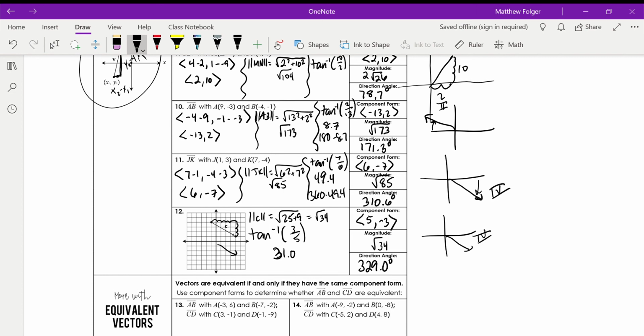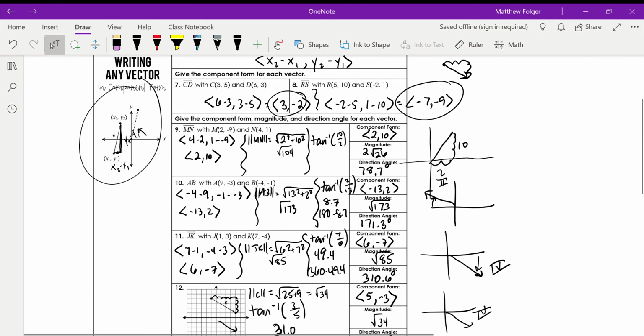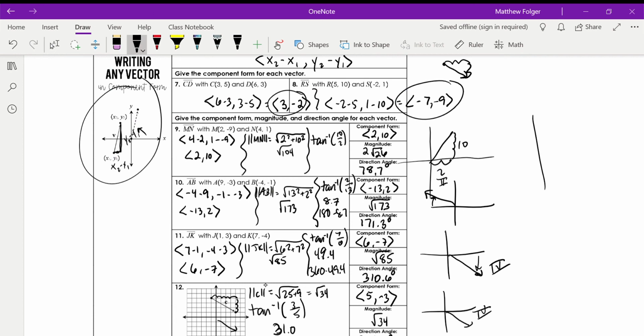All right, so that's what we're learning today. Now, the only other thing I want to talk about is vectors are equivalent. Now, to prove vectors equivalent before, I had to find the length of them, I had to find the slope, and show that they were the same, right? Well, if vectors have the same component form, then they're equivalent. Think about it like this. If I have, well, let's use this example up here. These vectors are equivalent.